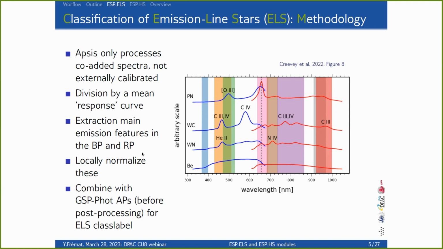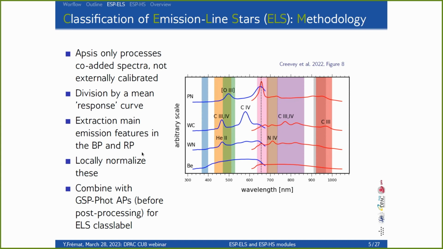We try to use most of these spectra, but we also try to mitigate the impact of interstellar reddening on these spectral line features. And therefore, that's one of the reasons we locally normalize the extracted features. Now, by normalizing the spectra, we also lose some information, for example, on the effective temperature.